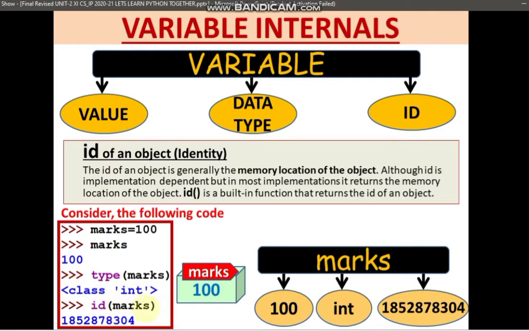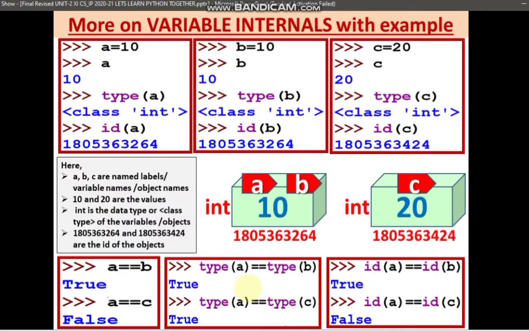And when you are writing the ID function, you are getting the memory location of the block which is holding the value 100, where marks is pointing to. So marks is holding 100 and its data type is integer and its ID is this. From this example you can understand. So even I can show you that.